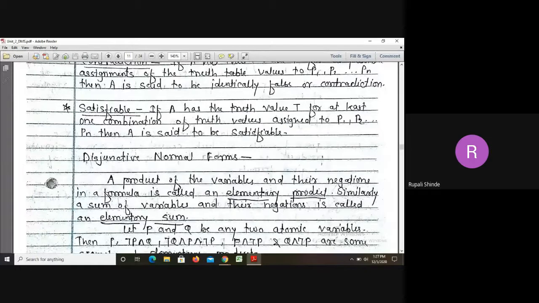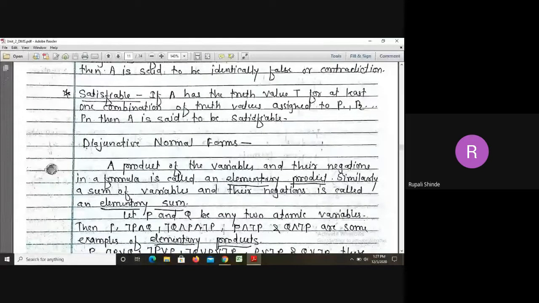Before the DNF definition, we have to see these two terminologies. Product is the conjunction operation. If you take conjunction between variables and their negations, that is called an elementary product. And if you take disjunction between variables and their negations, that is called an elementary sum.